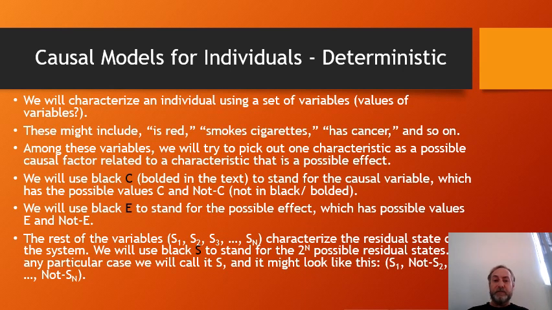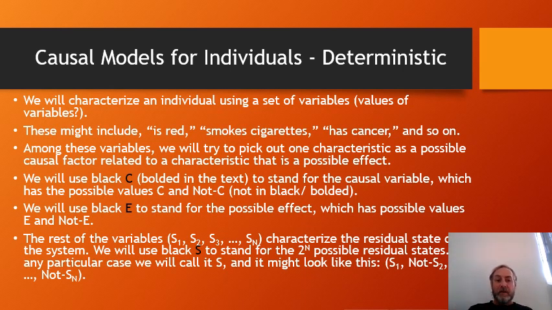Okay, so let's just go through this. This is our formal account of how we can start to understand finding evidence for causal claims using statistical models. So take an individual in a population, right? It could be me, it could be a particular rat, but it's just one thing.